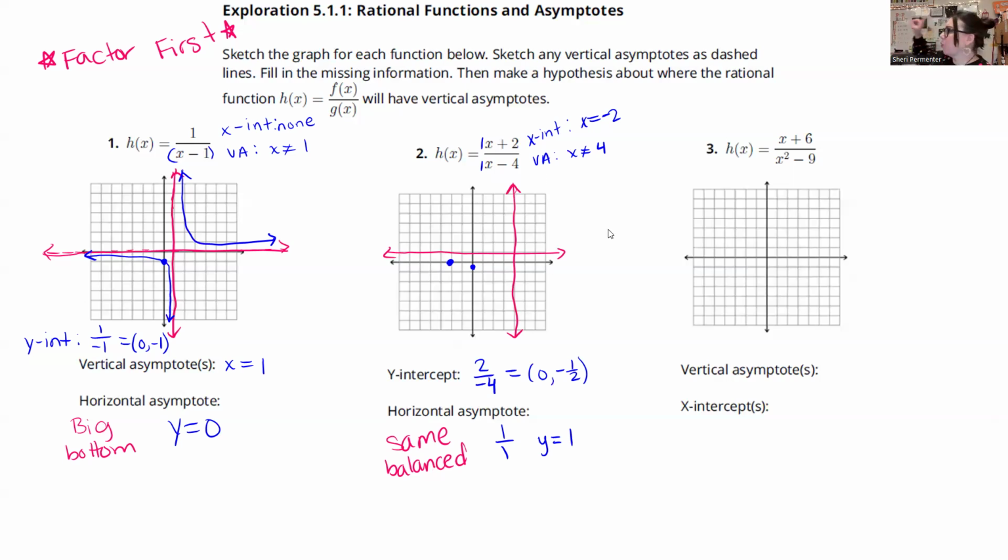Also, because I only have one vertical asymptote, I'm going to have 2 branches to my graph. I've got to follow the asymptotes. I get close to, but never actually touch. And then my left branch is going to look something like that.